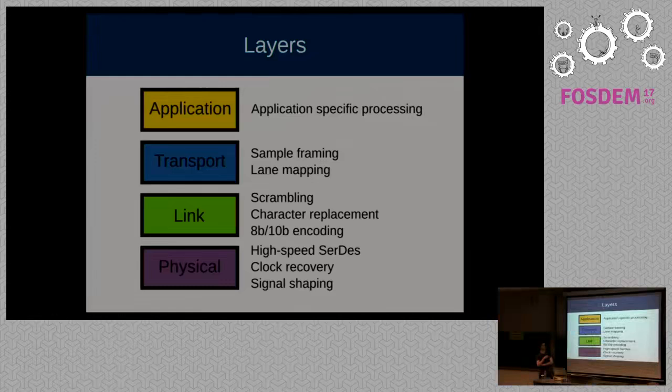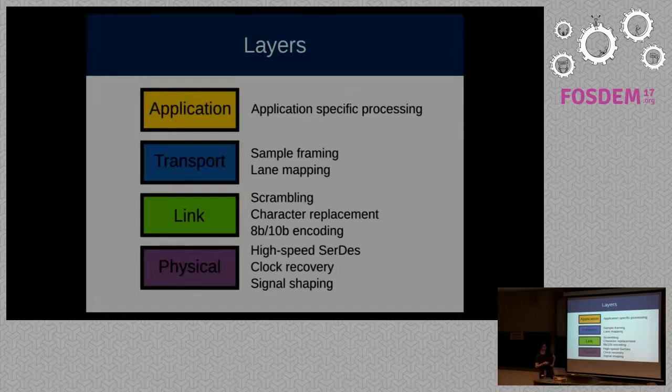There's first of all the application layer, where all the application-specific processing happens. Since this is application-specific, there's obviously nothing in the standard that says what needs to be done here. But what the standard defines is the interface between the application layer and the underlying layer, which is the transport layer.